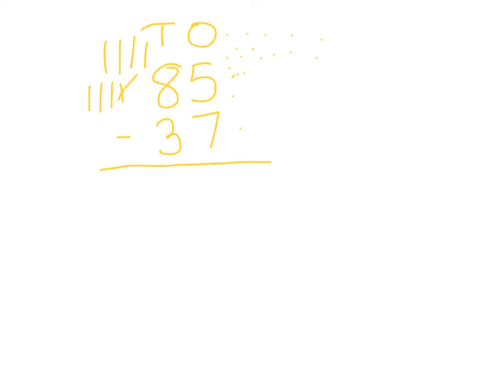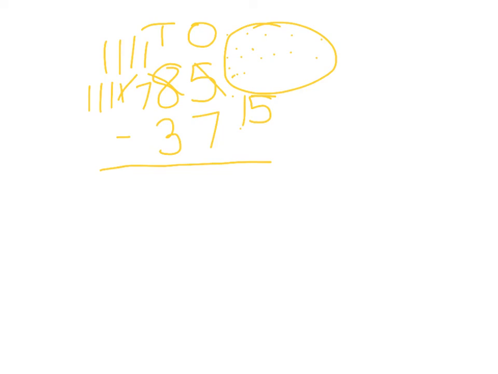So now I have 15 ones altogether. But now I only have 7 tens because I took one away. So that's going to become a 7. And this is going to become a 15. We have 15 ones because I took a 10 and gave it to the ones place. And now instead of having 5 ones, I have 15.